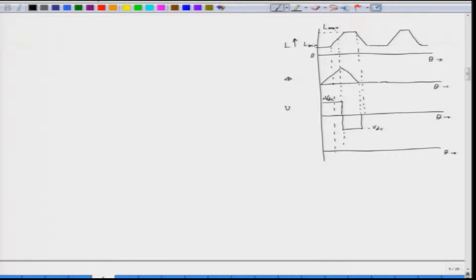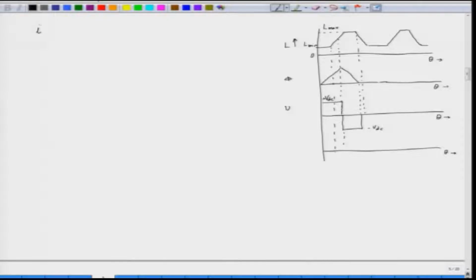So, most of the current will rise when L is minimum, because we have seen that the current is inversely proportional to the inductance. The expression for the current is given as I is equal to N phi by L. So, what is phi? If we simplify this, this is VDC theta by omega L. So, I is inversely proportional to L.